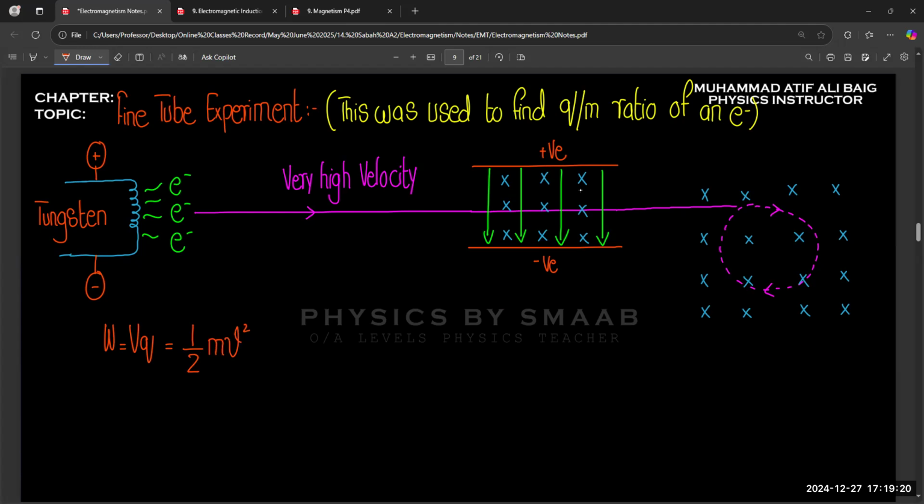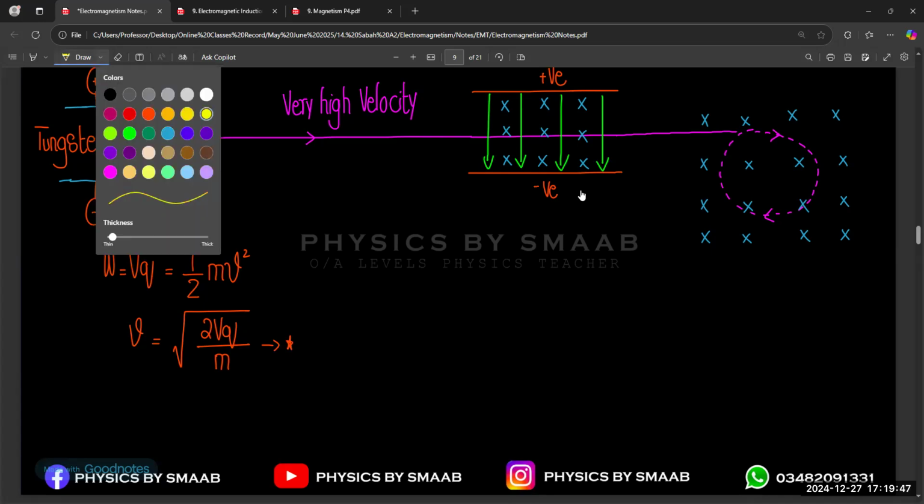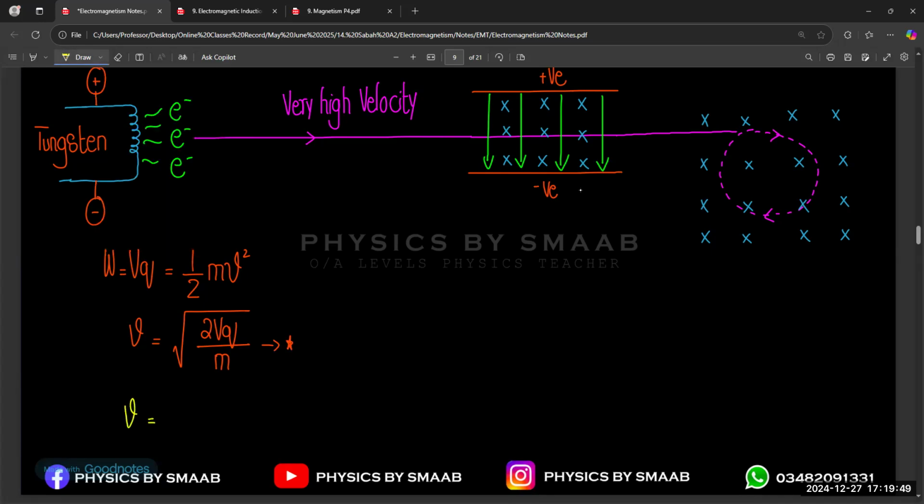So v is equal to under root 2 times Vq over m, right? And we also discussed that v is equal to E over B.